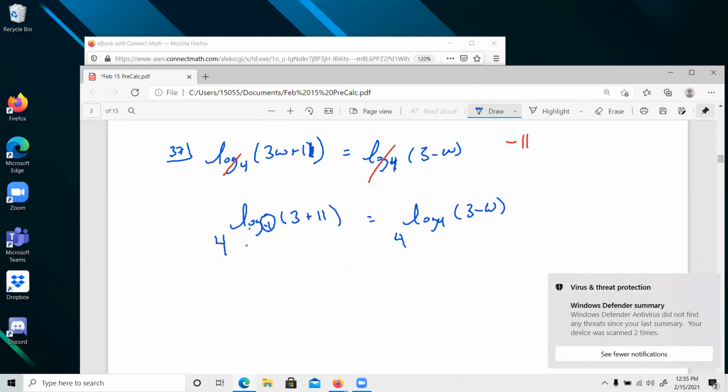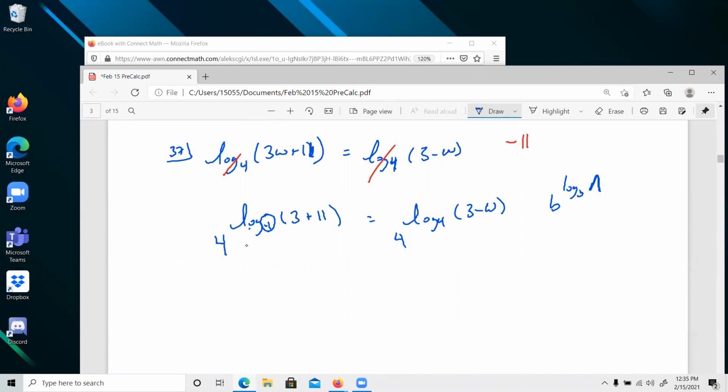Now it cancels because we know that the log base of anything goes back to being that thing. So here we're going to have 3, I forgot a W, plus 11, and then it's equal to 3 minus W. Now that we've got the two expressions equal to each other, we can just solve this like a linear equation.